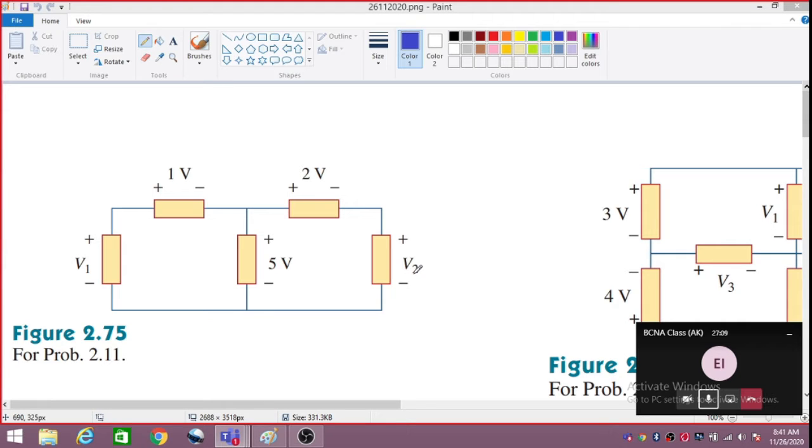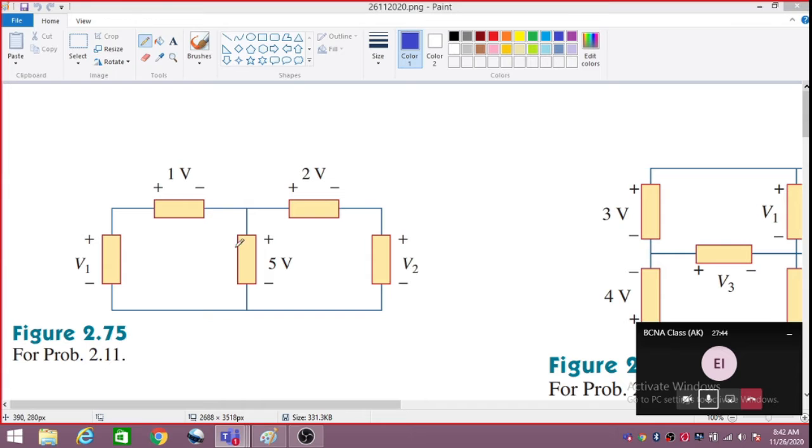V1 and V2 are unknown, and you know that in any closed loop, how many loops are here? One loop is this, another loop is this, and this one is the bigger loop. So these are the three closed loops, and in these three closed loops Kirchhoff voltage law is valid.